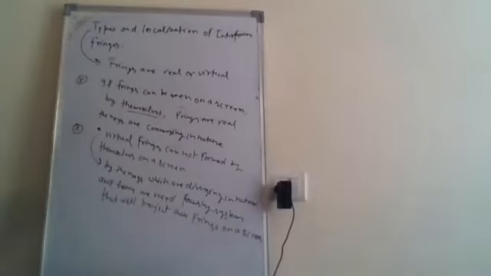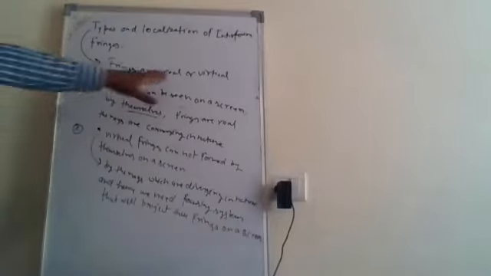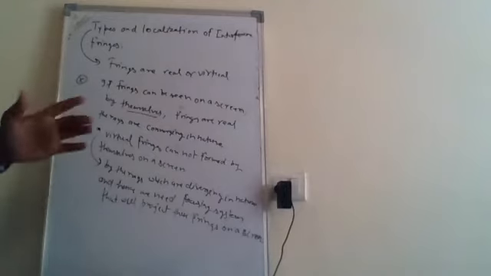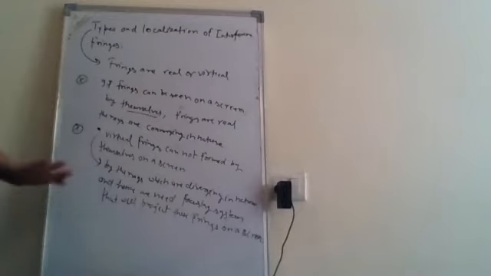So you can see the basic difference between real and virtual fringes: real fringes are formed by rays which are converging in nature, and virtual fringes are formed by rays which are diverging in nature. Real fringes can be seen on a screen without needing any extra device or focusing system, while virtual fringes form at infinity, so we need a focusing system to project them on the screen.